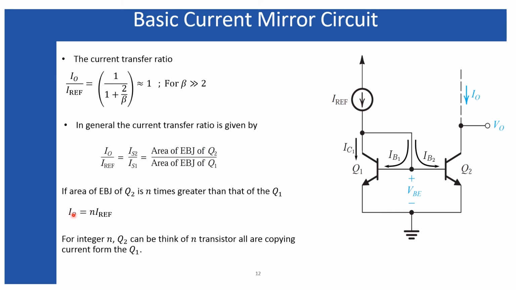That is why I naught becomes n times the reference current, because this reference current should be capable enough to supply all the currents being copied by all of these transistors. So the wider area of the base emitter junction of transistor Q2 can be thought of as a combination of n transistors drawing n times the output current from one reference current.